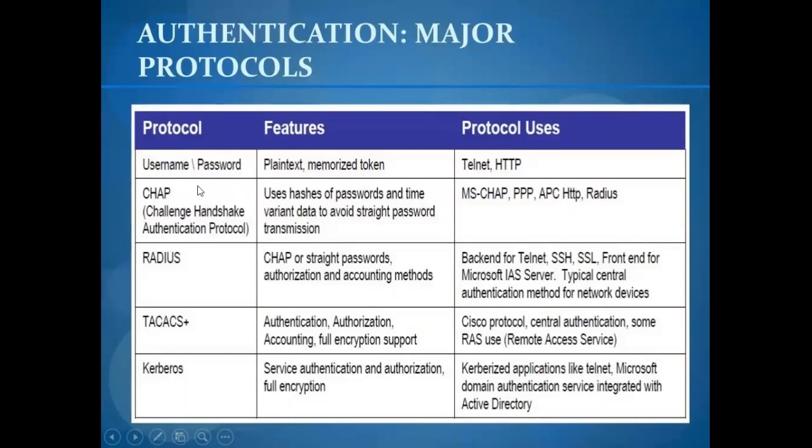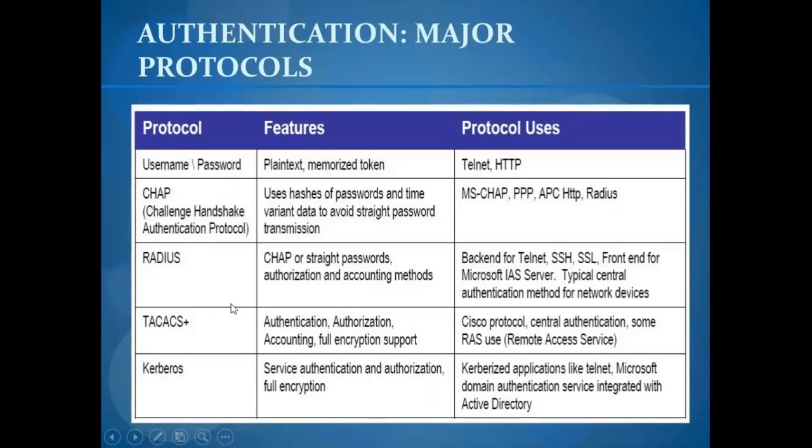First, the protocols used for this purpose: we have to use telnet or HTTP or CHAP, challenge handshake authentication protocol. We have to use MS-CHAP and PPP. Then PAP, HTTP. Then RADIUS.